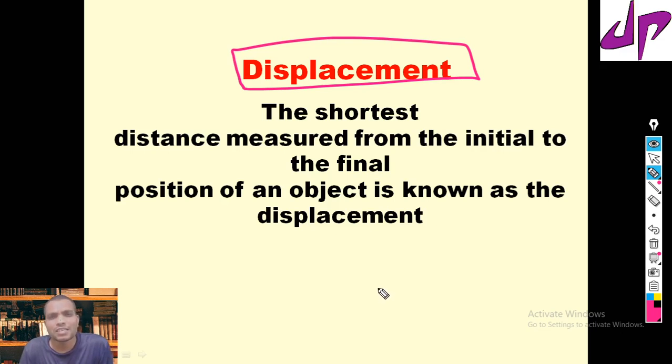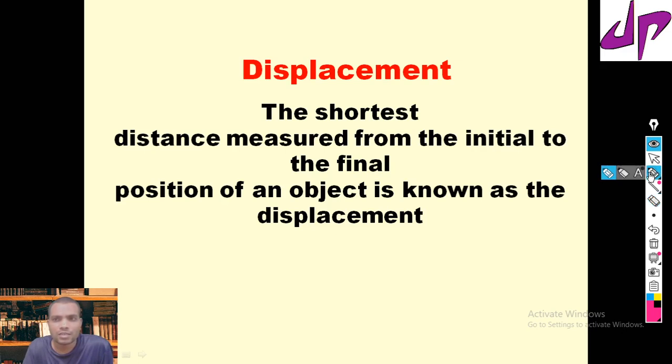This definition is a little tricky. It also appears like distance, but it depends upon the initial and final position of an object. The shortest distance measured from the initial to the final position of an object is known as the displacement.